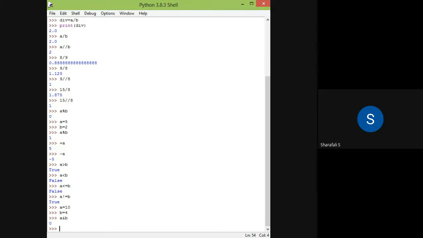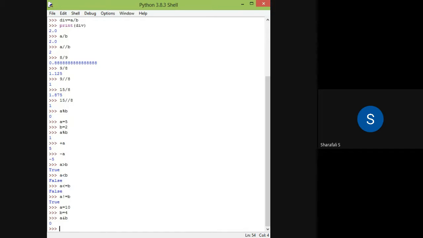AND operation is multiplying each of those bits. So in all those cases, you will be getting 0. So all bits will become 0 and the decimal equivalent of that will be 0.